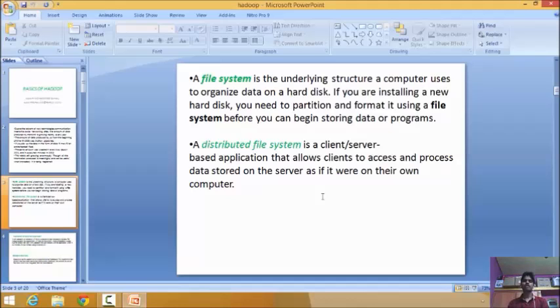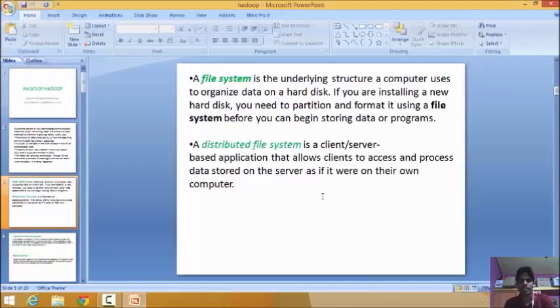Now, what is a file system? A file system is the structure a computer uses to organize data on the hard disk. Every computer has a hard disk, and it needs to organize the data in it. For that purpose, the operating system has a file system.